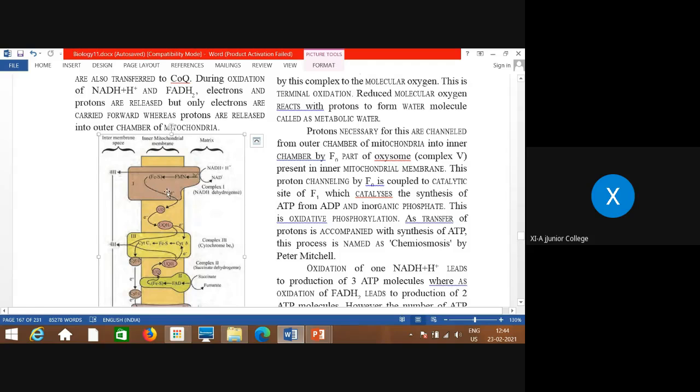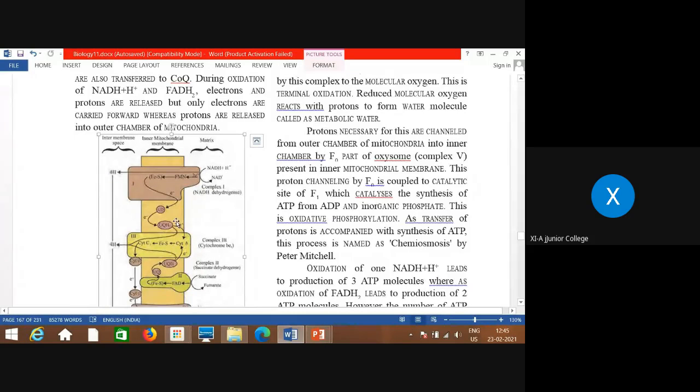Then through FeS, these electrons are accepted by ubiquinone, that is coenzyme Q, as shown. Then these electrons are carried to cytochrome B first.